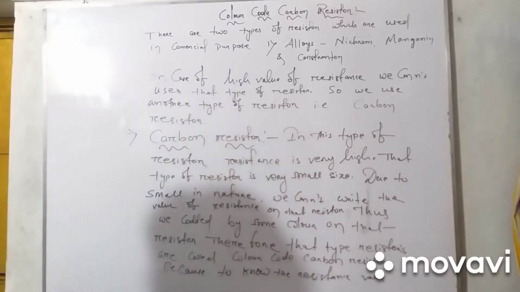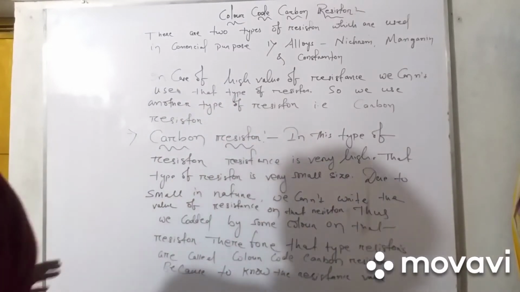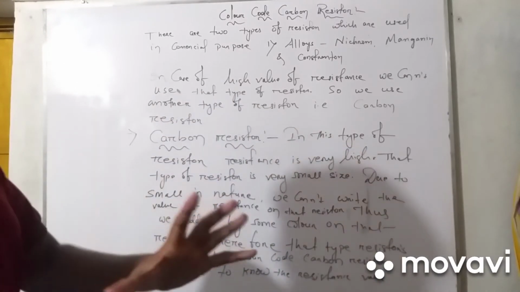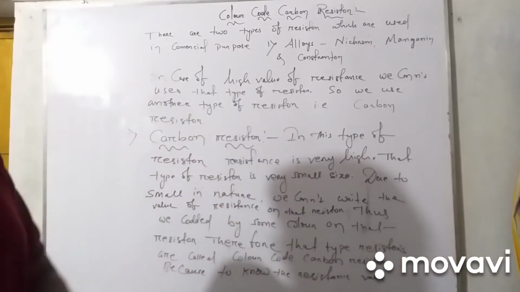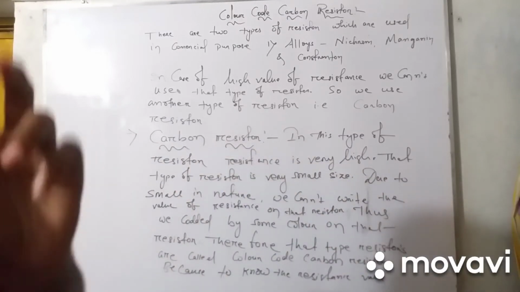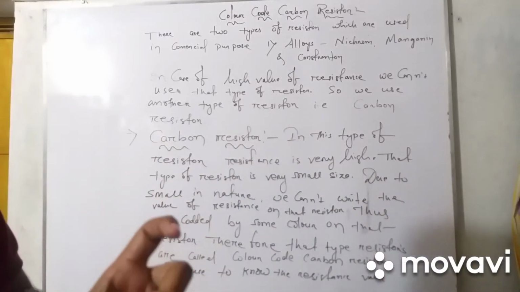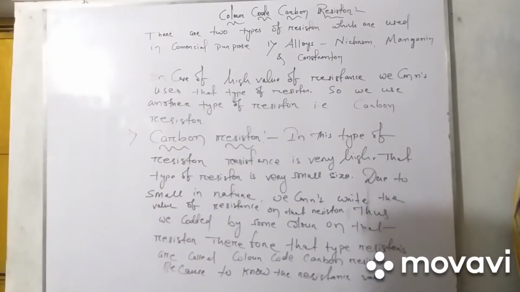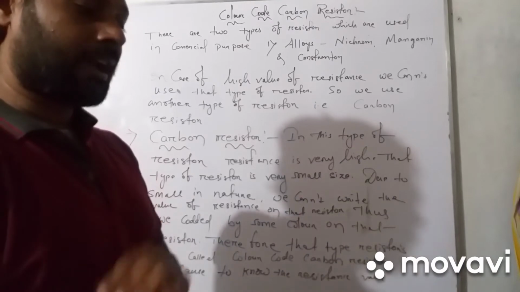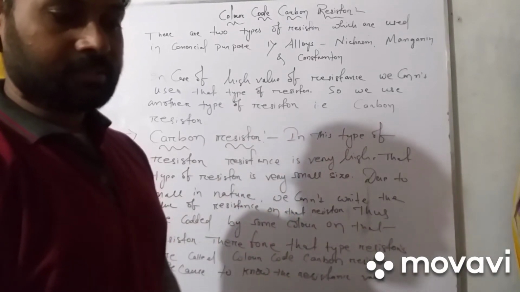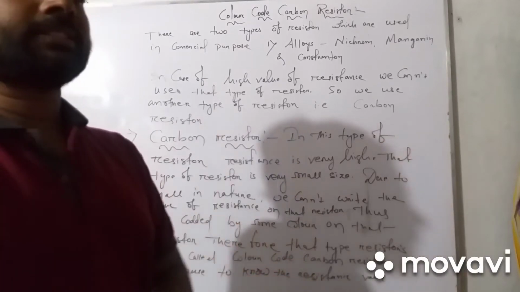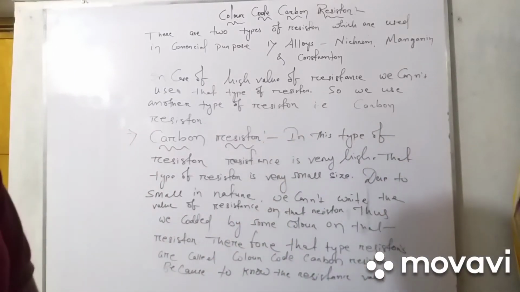Clear? Carbon resistor means it is a type of very high resistance resistor, which is very small in size. Due to its small size, we can't write the value of resistance on that resistor.